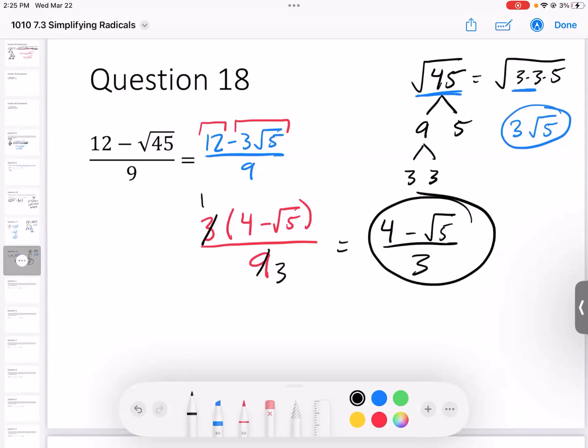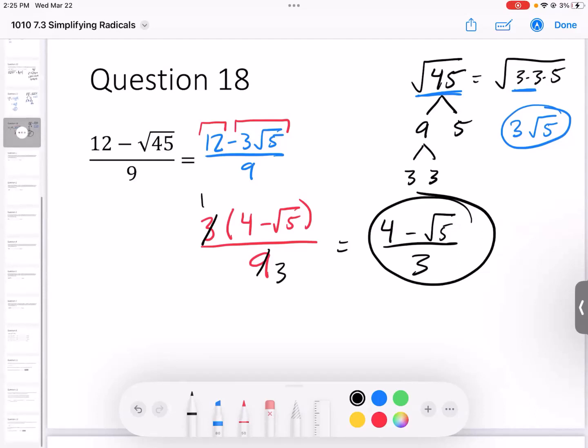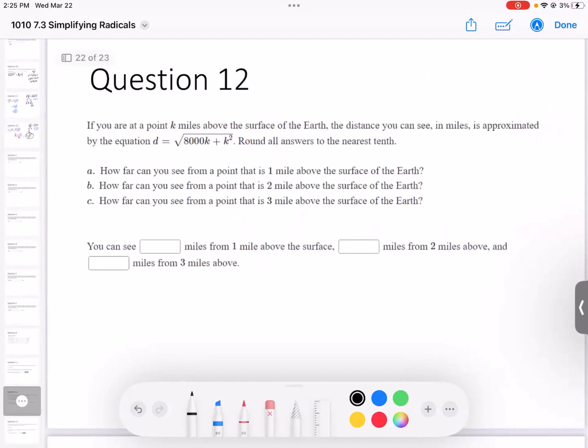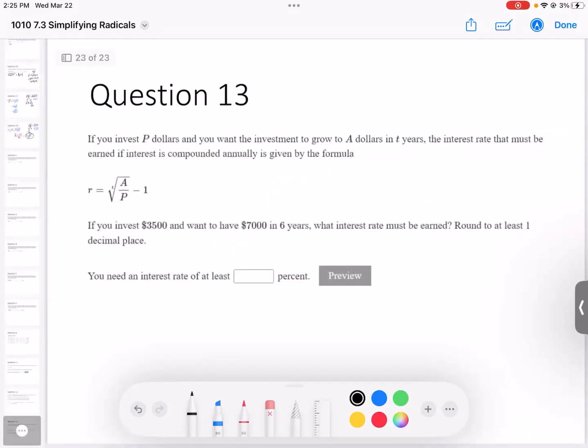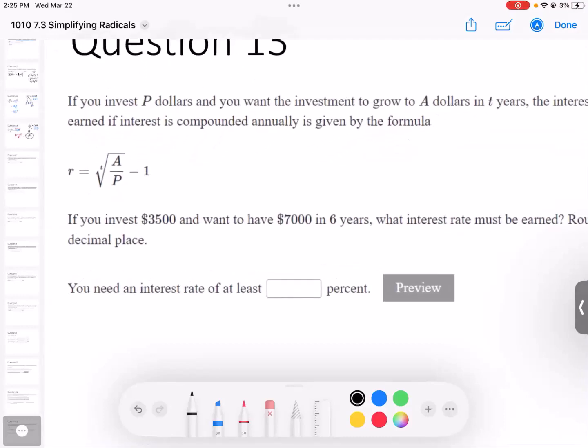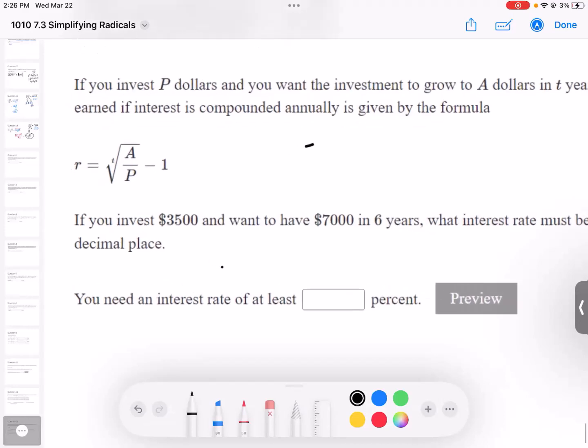Oh, there was actually one question that a lot of people asked questions about last class. I think it was question 13. So on question 13, it gives you this formula and then it gives you some numbers and things that you can plug in.